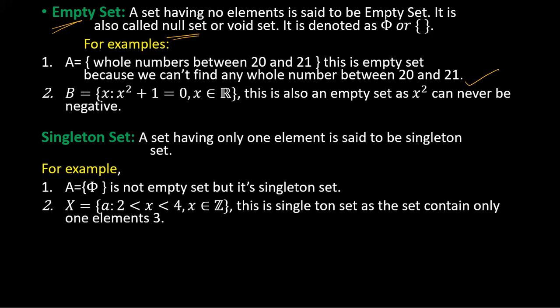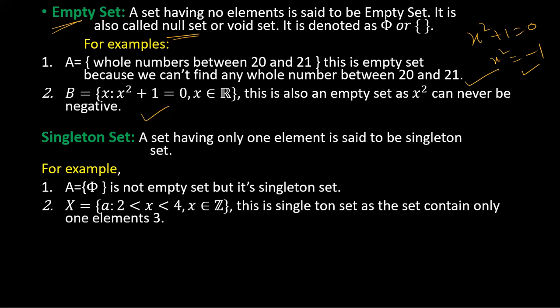Again, if we take x square plus 1 equal to 0, that means x square equal to minus 1. And we know the square of any real number will always be positive. So we cannot find any number whose square is minus. So this is an empty set.